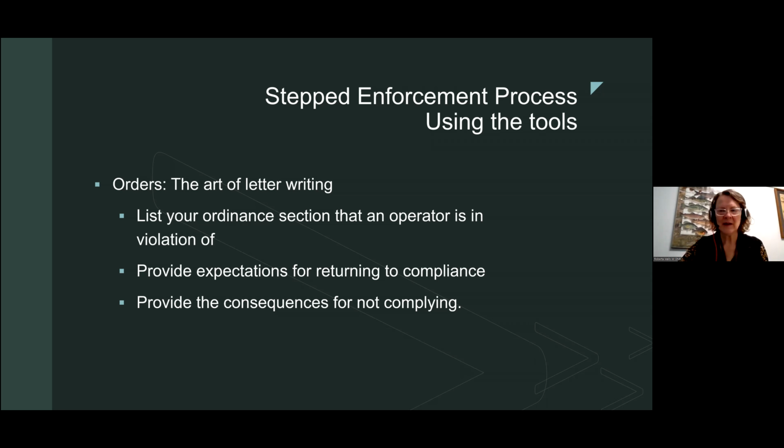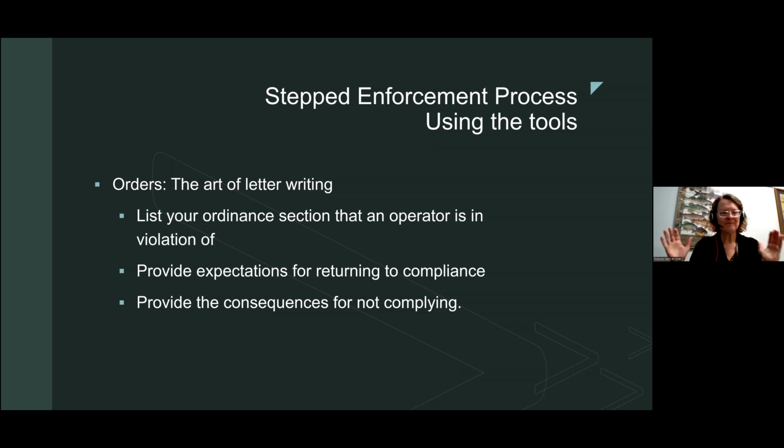All right. Barring any more questions, let's talk a little bit about what an order would look like. Okay, so you've been out to the field, you've seen some non-compliances, you maybe have an operator that is operating a non-metallic mine without permits, and it's time to issue an order to comply. And so your ordinance section will give you those specific violation sections that you need to cite in your order.